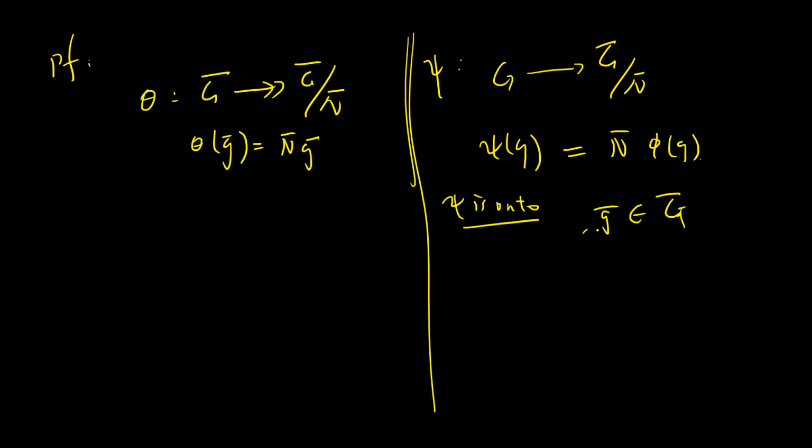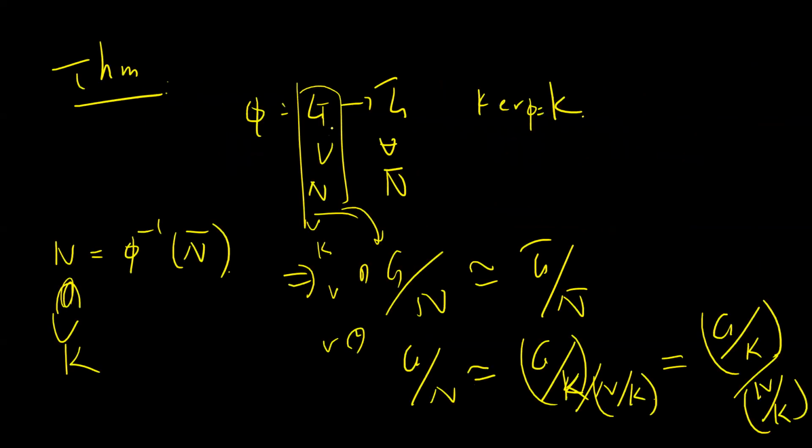So let's say you take a g bar belonging to G bar, and we hope to show that g bar equals psi of g for some g belonging to G.